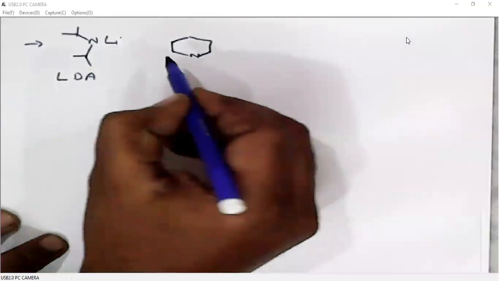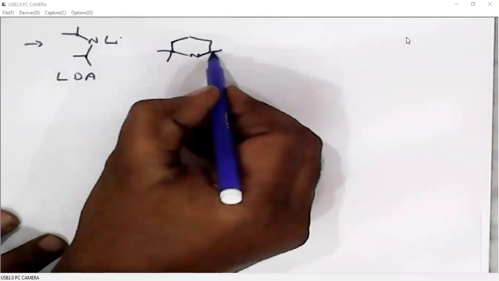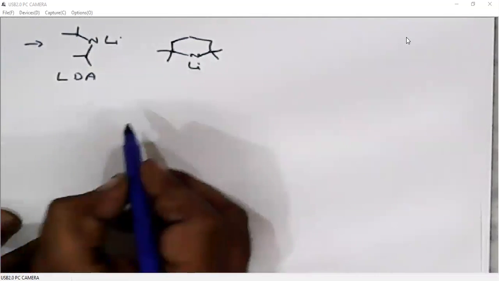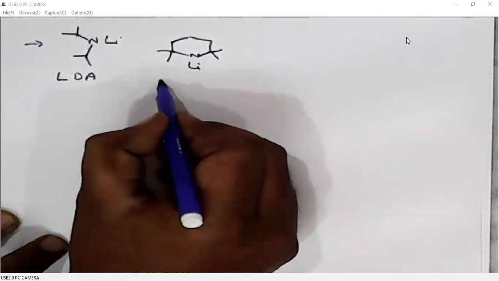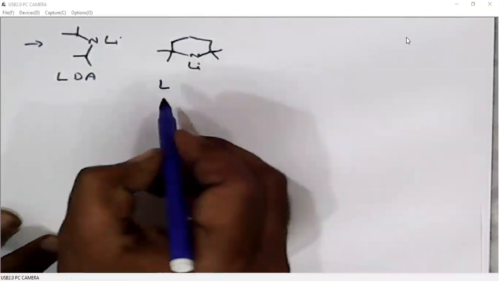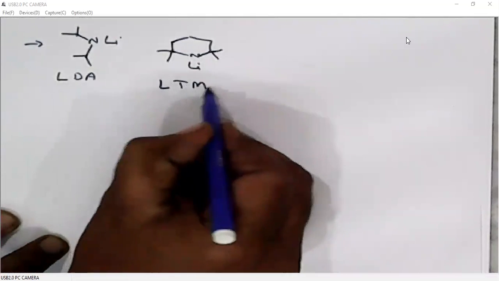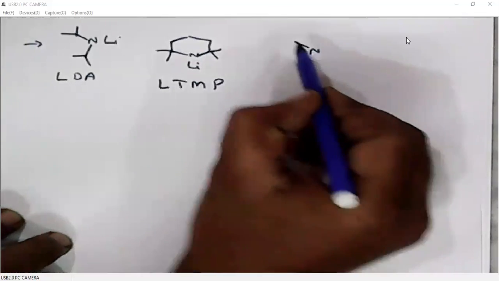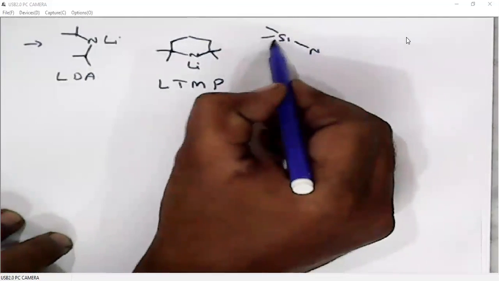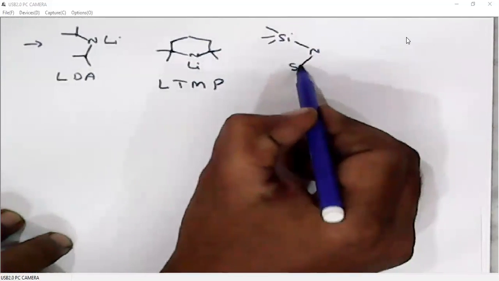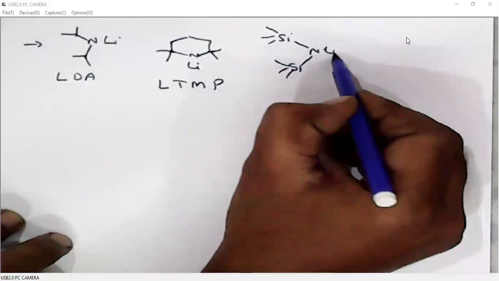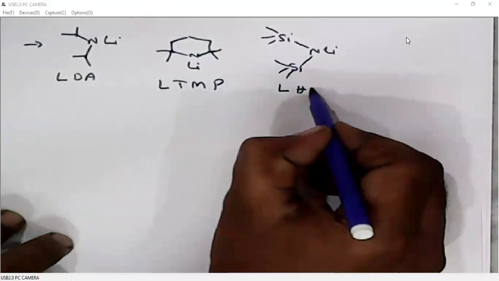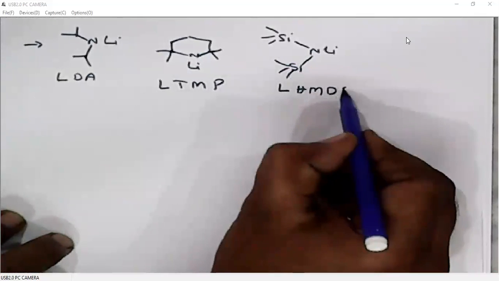We will prepare many such bases in situ using organolithium reagents. This is lithium tetramethylpiperidide. Similarly, we also have lithium hexamethyldisilazide.